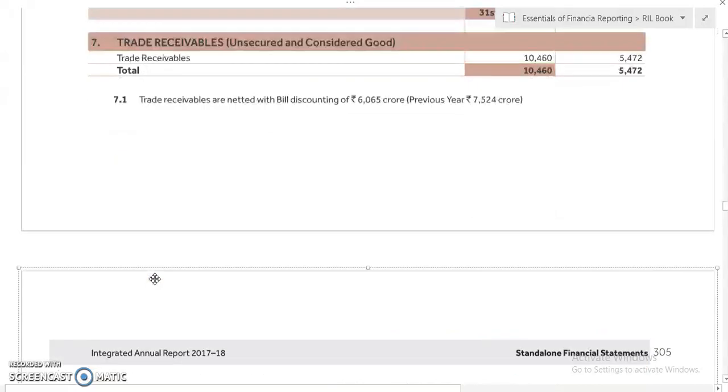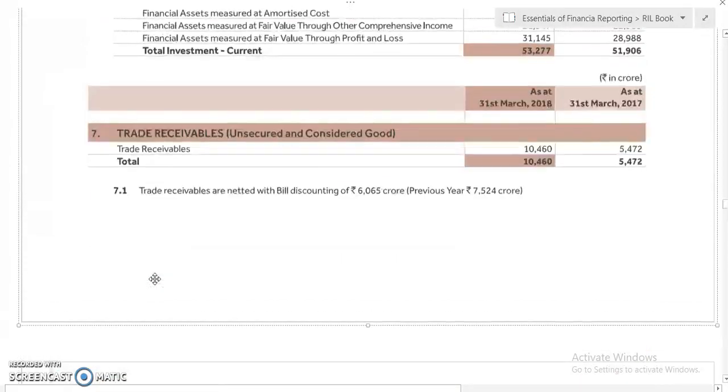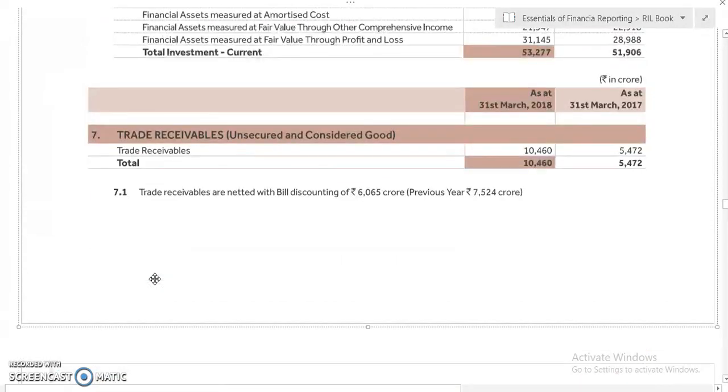Trade receivables are the receivables for which you are doing business, so sometimes you have to sell goods on credit. These trade receivables are the value which you are supposed to receive from your customers. Normally if there is unrealizable debt, the auditors would point it out.